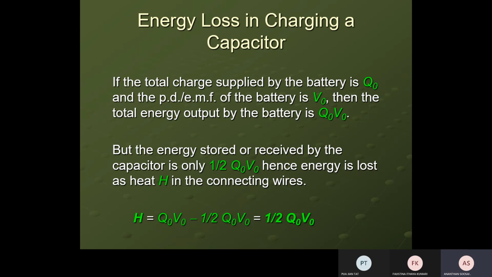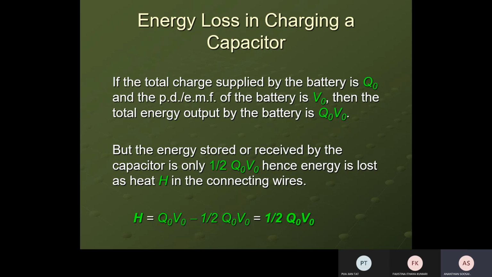Okay, so capacitor, we learned C is the amount of charge stored per unit volt, right? Then we talked about series and parallel, how the capacitance changes. If you want the greatest capacitance, you connect the capacitors in parallel. Parallel capacitance increases. Then the last thing we learned that day was how much energy is stored.